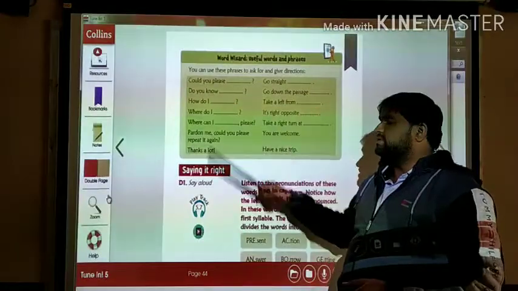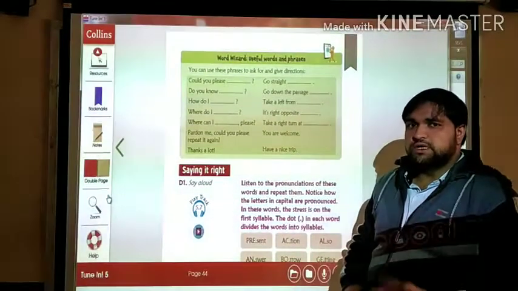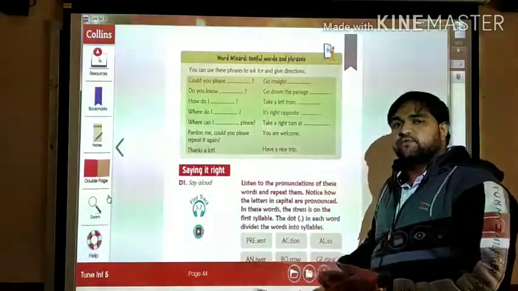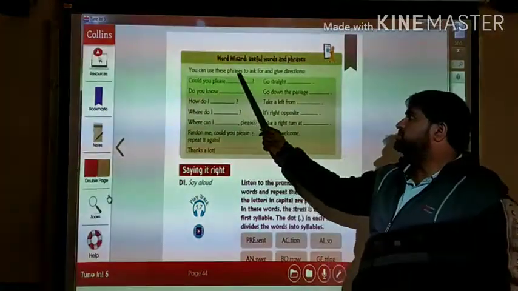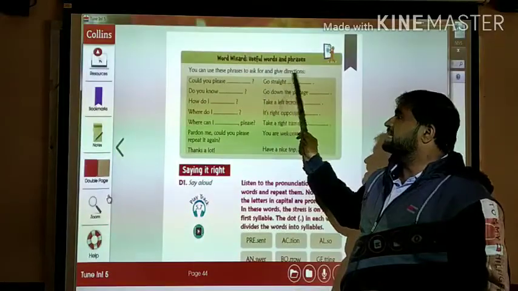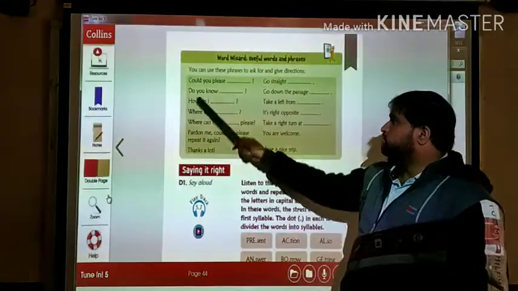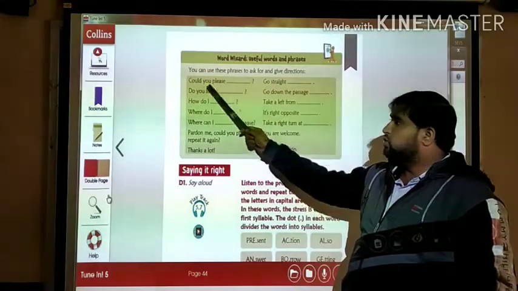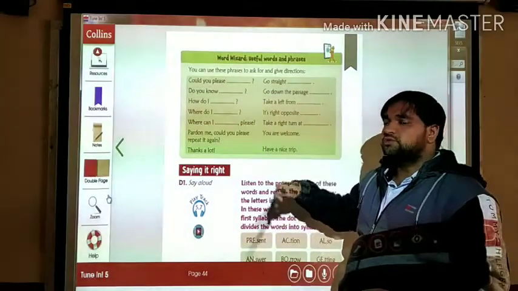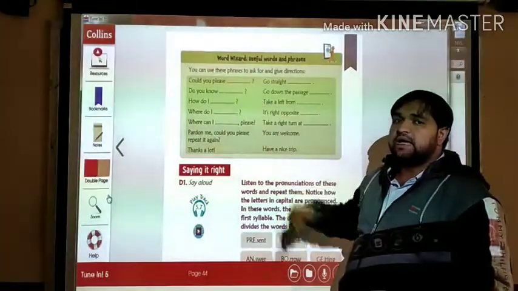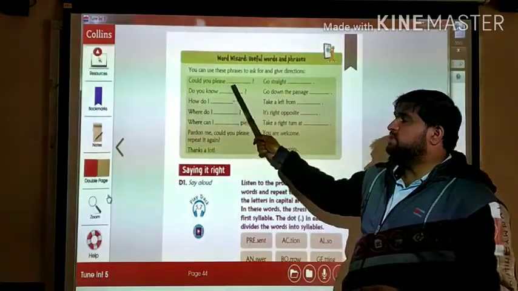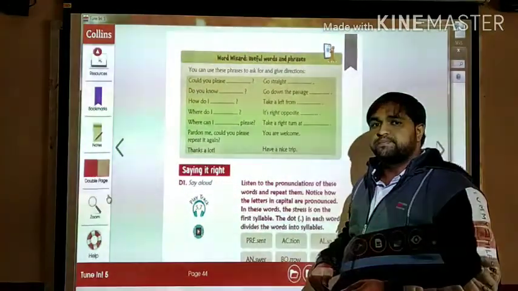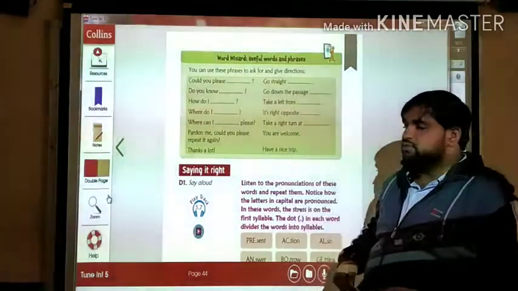These are the words and sentences you can use when you ask for information and when you give information. For example, you can use these phrases to ask for and give directions. Could you please tell me the way to the washroom? Could you please tell me where I can exchange my money? Could you please tell me the way to the bookshop? These words you can use.